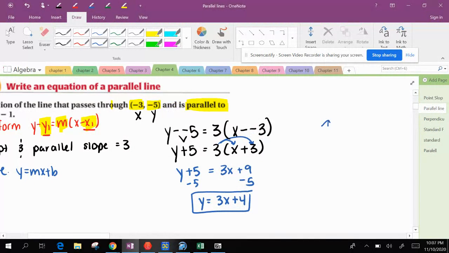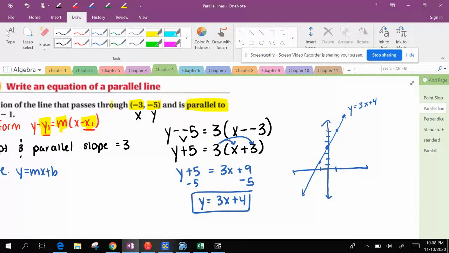But two, if I went over here and graphed this, here's my blue line, starting at 4, going up 3 to the right 1, or going down 3 to the left 1. I'll have this blue line, y equals 3x plus 4.